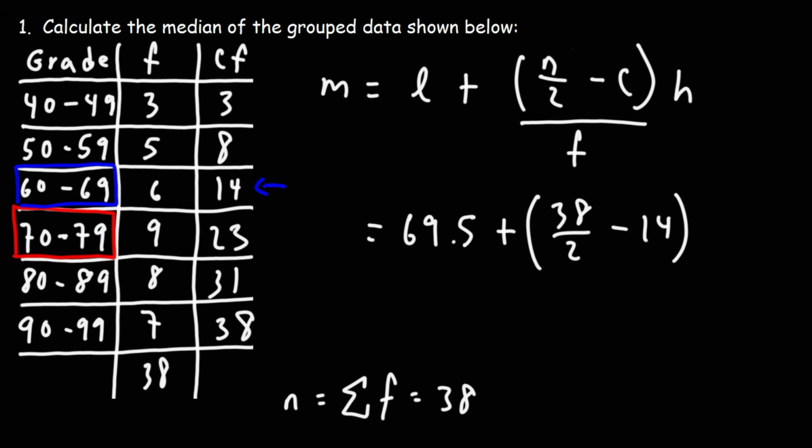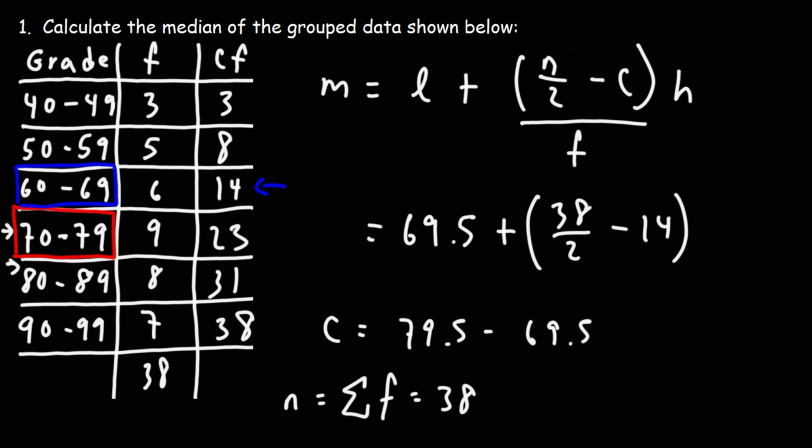H is the size of the intervals. Now you want to be careful. Because these numbers are different, you don't want to do 79 minus 70 and say it's 9. The lower boundary of this class is 69.5. The upper boundary is going to be between 79 and 80, so it's going to be 79.5.